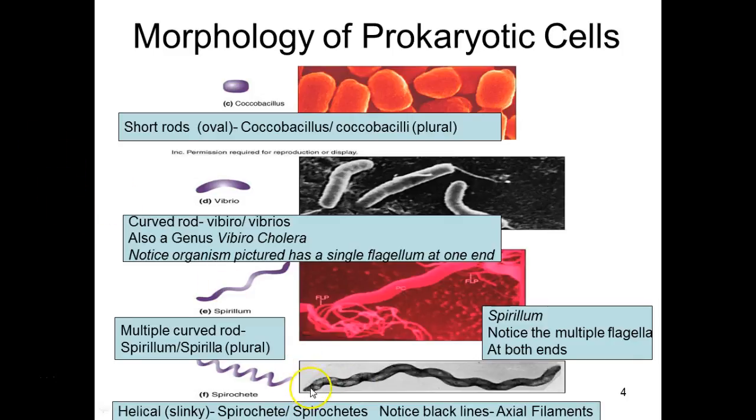And so these black lines that you see here are those axial filaments. They've actually genetically engineered spirochetes without the ability to make axial filaments, and they just end up being a long rod. They can't form that characteristic helical shape without the axial filaments. So those filaments actually contribute to the helical shape that you see for these organisms.